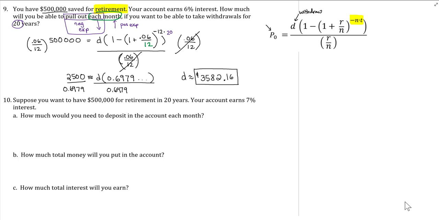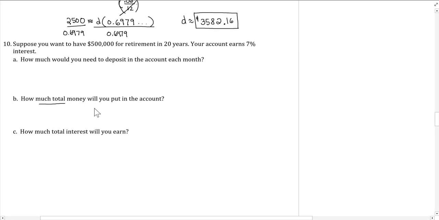Now let's look at the problem below it, question number 10. Again, with that $500,000 for retirement, this one is going to use a different formula because I want to have $500,000 in 20 years. So that means I'm going to be increasing how much I have in my account until I reach the $500,000.